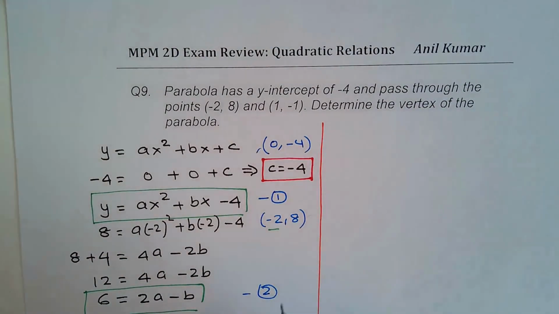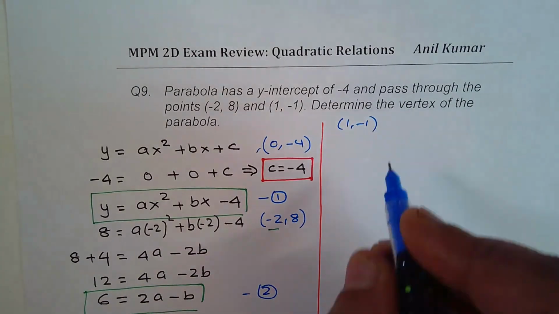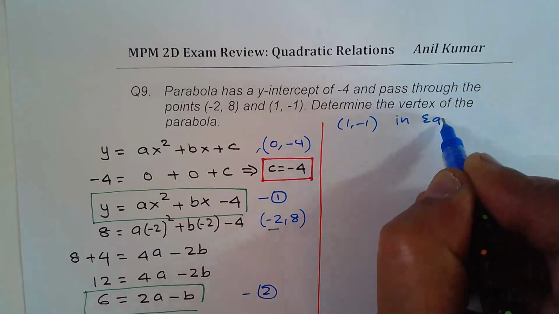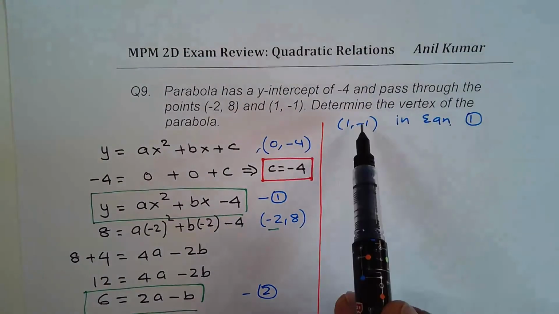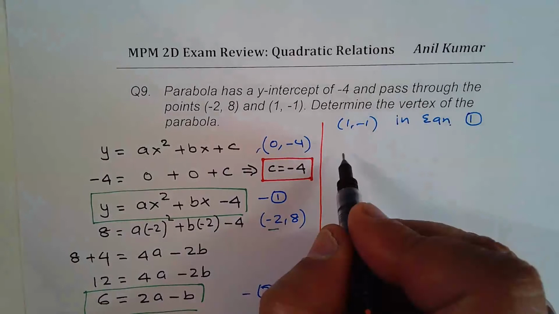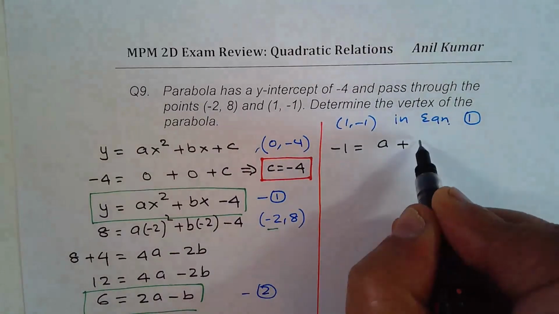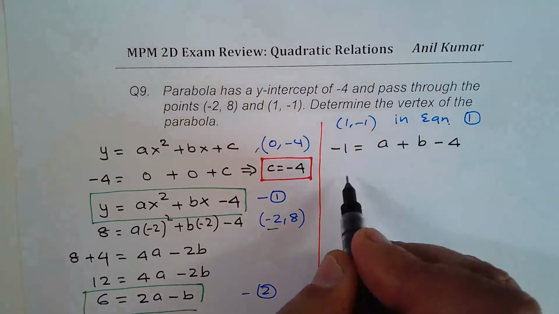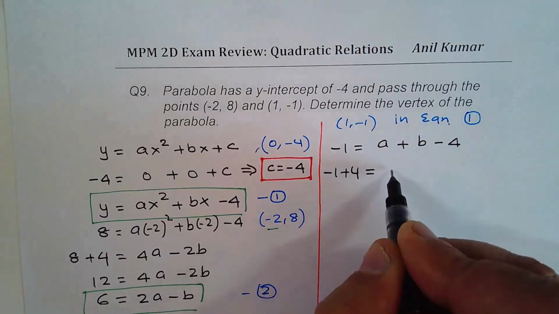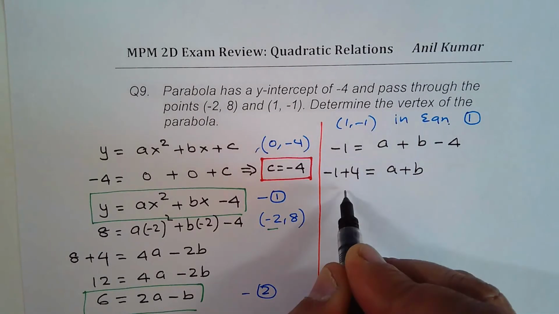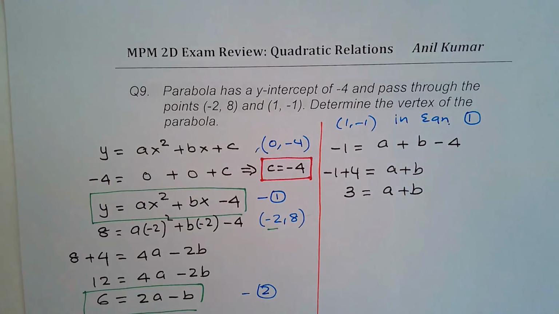Now we'll substitute 1, minus 1 in equation 1. So the y value is minus 1, so let me write minus 1 here. The x value is 1, so we get a plus b minus 4. Let's rearrange. We get minus 1 plus 4 equals a plus b, or 3 equals a plus b. So this becomes our third equation.